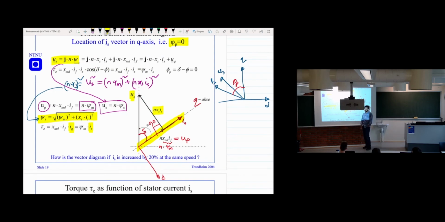What do you see here? Since the stator current is now aligned with the q-axis, all the current is in the q-axis. So there is no current in the d-axis. So the d-axis current is now 0. So since the d-axis current is 0, then we can write IQ equals IS.